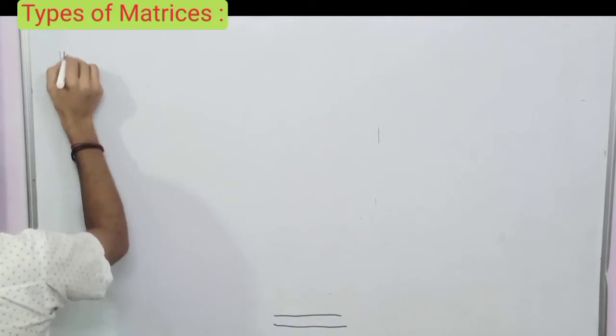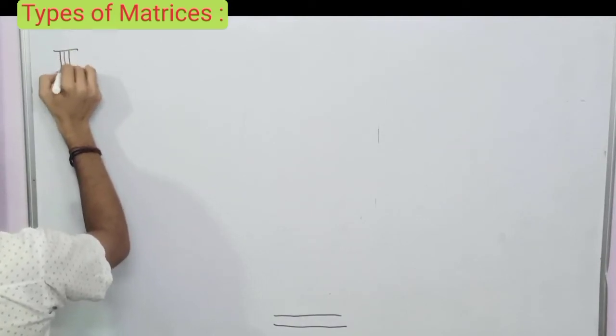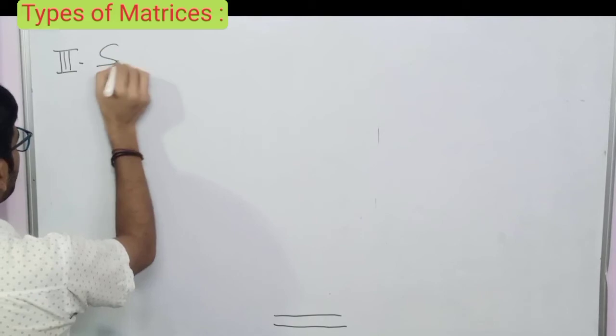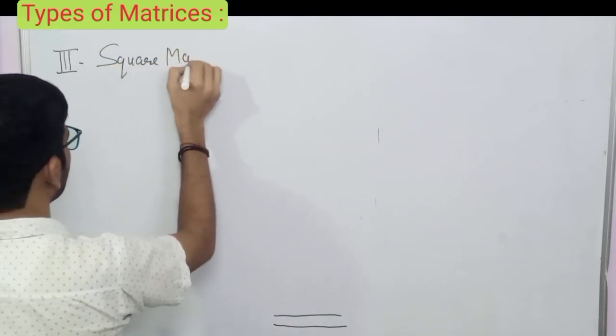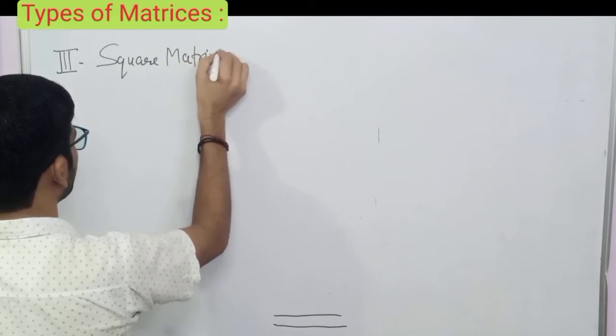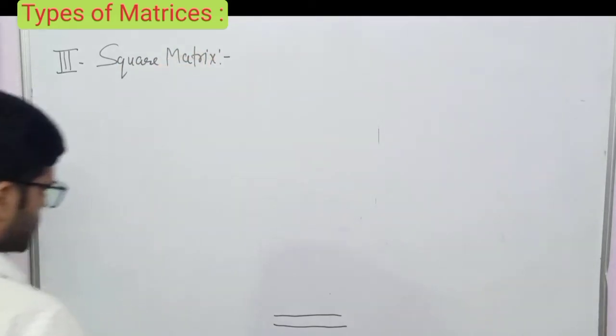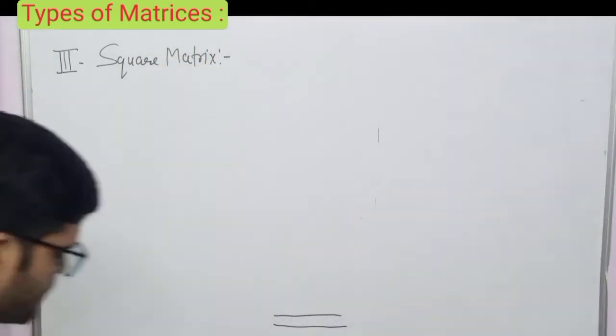Third is square matrix. What is a square matrix?